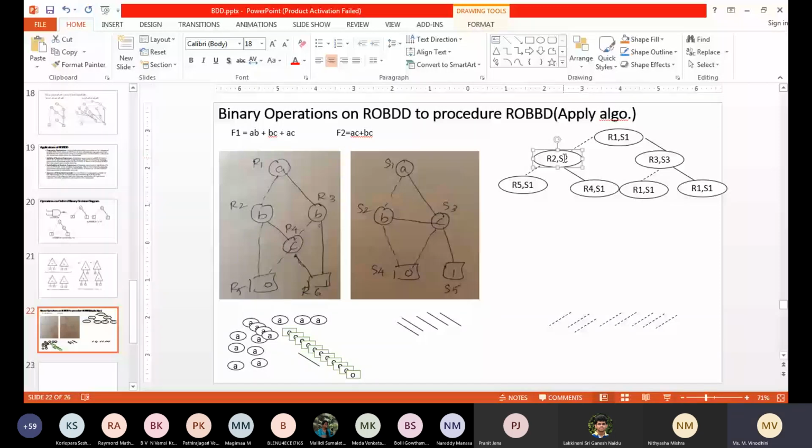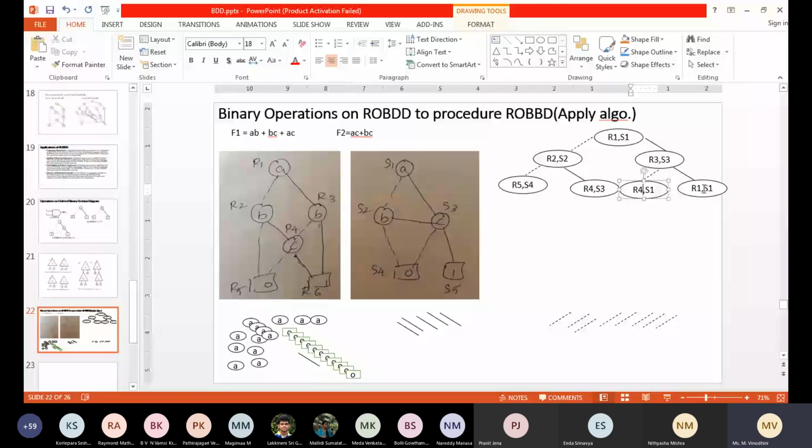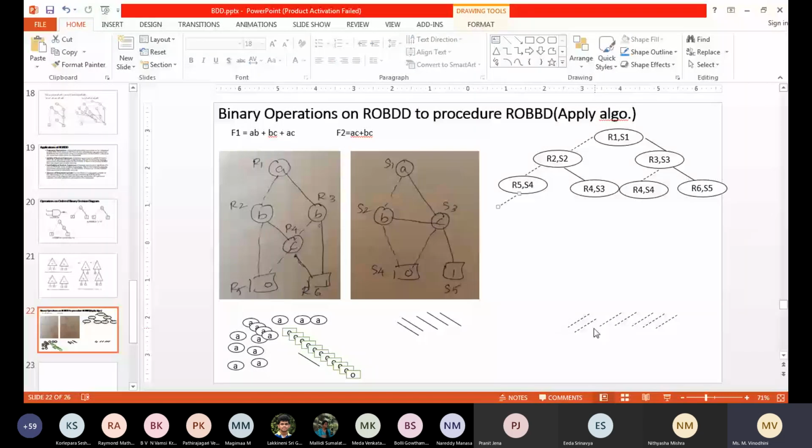When S2 is 1, where is it going? S3. Next, R3 when it is 0, where is it going? R4. When it is 1? R6. Then S3, when it is 0, where is it going? S4. When it is 1? S5. Okay. Next, for everything, I need to place again.